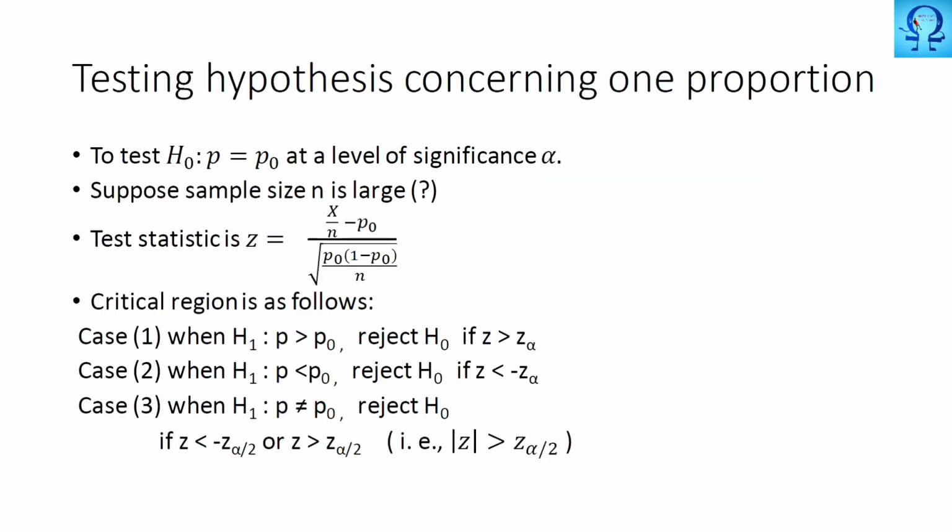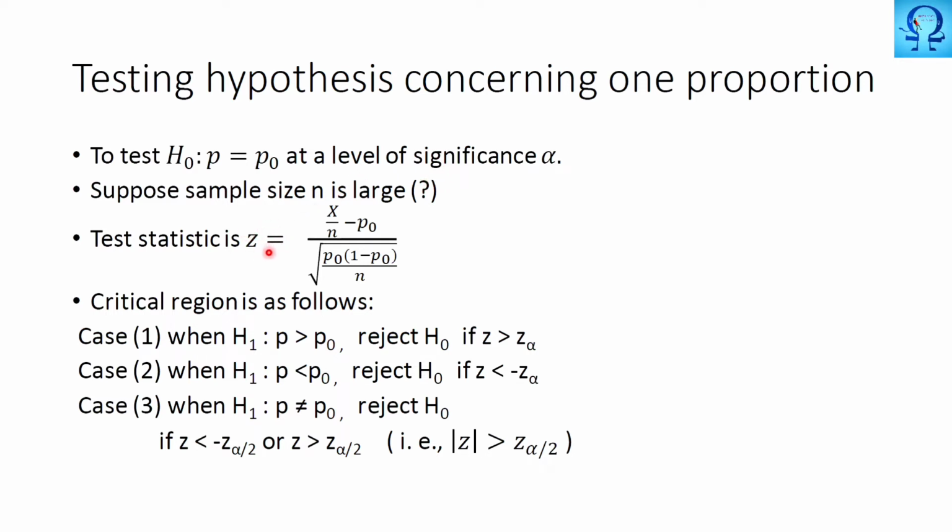Moving further, this is the hypothesis test concerning one proportion. We are going to test whether the proportion equals something or not. Of course, here we have put a question mark on whether the sample size is large enough; what we do about that we will see when we deal with the problems.